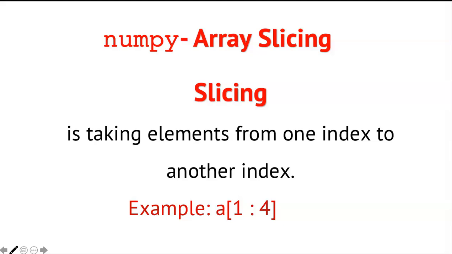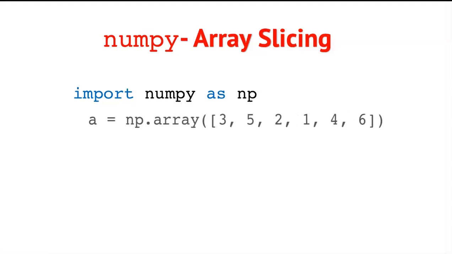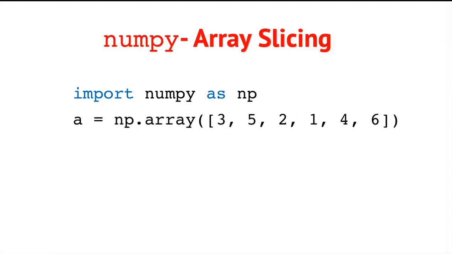Now let's understand it through a program. So first import numpy as np, then call the array function using np and assign it in variable a. So when we print a of 1 to 4, it will return the values at index number 1, that is 5, and index number 2, that is 2, and index number 3, that is 1.